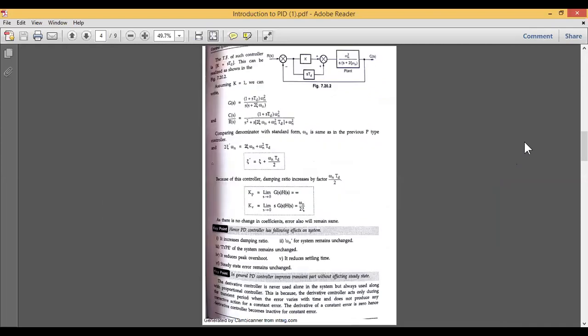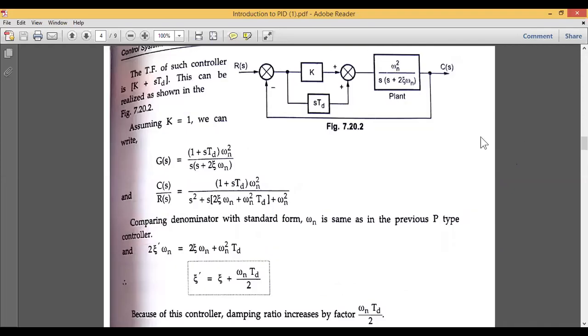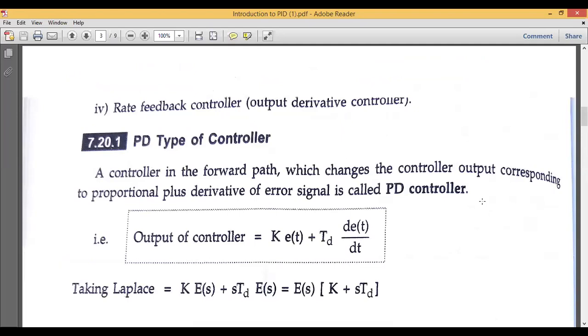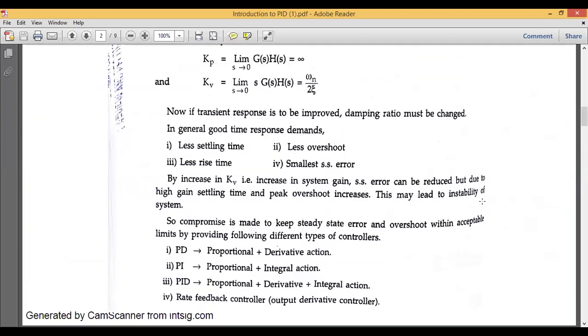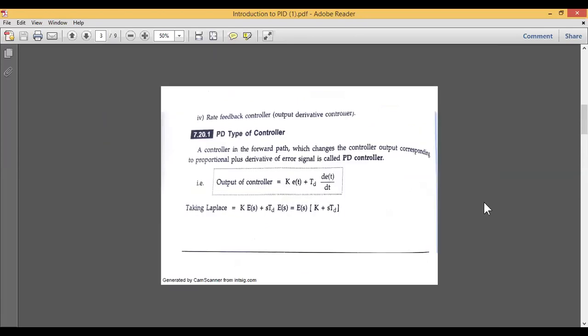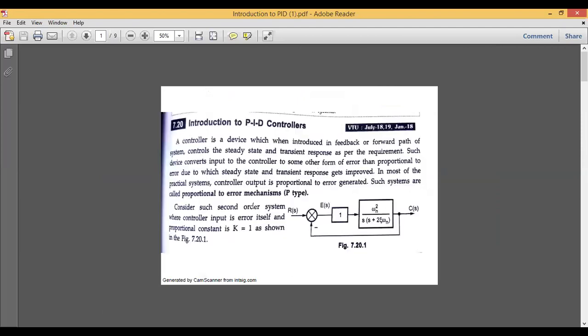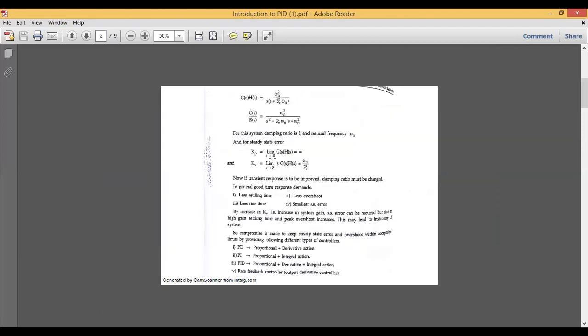In yesterday's video, we went through what PID is, the various responsibilities of a PID controller, and then we derived the basic equation for the transfer function, that is C of S divided by R of S.